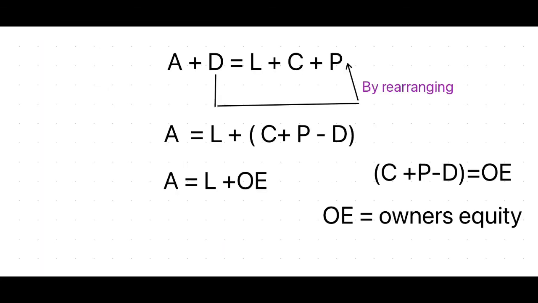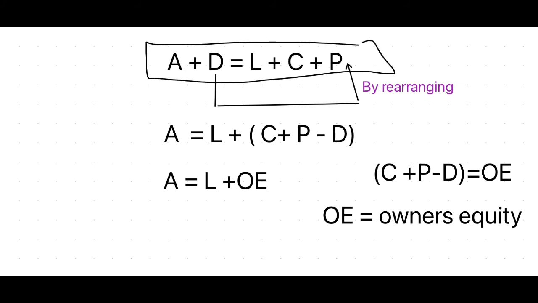Now here it was the earlier form of the equation, and now we move by rearranging drawings. We will move drawings from the left side to the right side, and the drawings becomes subtracted from the profit. So this will be another form, capital plus profit minus drawing, which we will work upon.